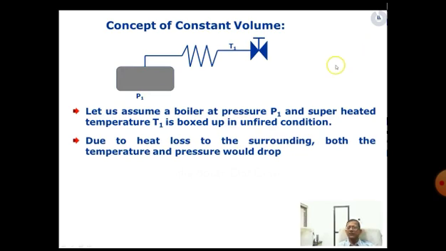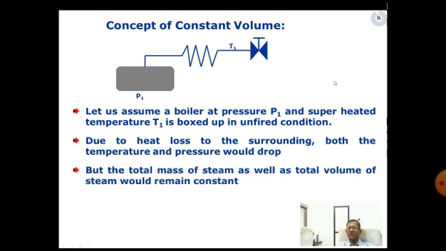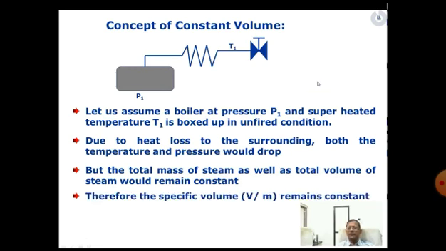So the mass of the steam will remain constant, and since the MSV is closed, the volume is also constant. The total volume is constant as well as the total mass is constant. So therefore we can say the specific volume is also constant because specific volume is V by m.